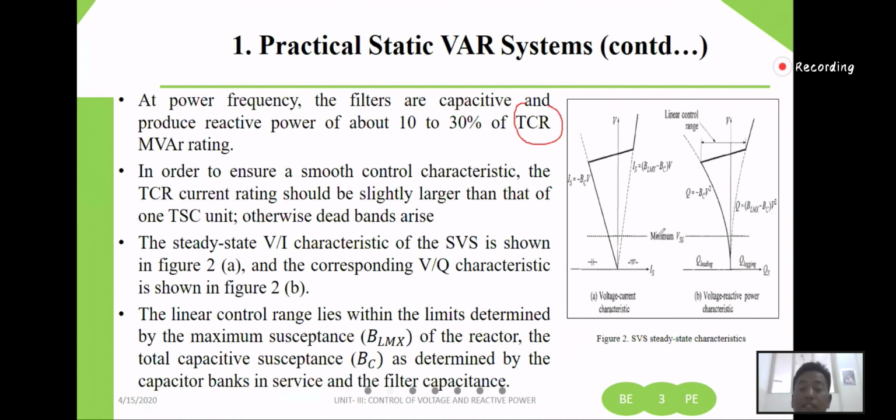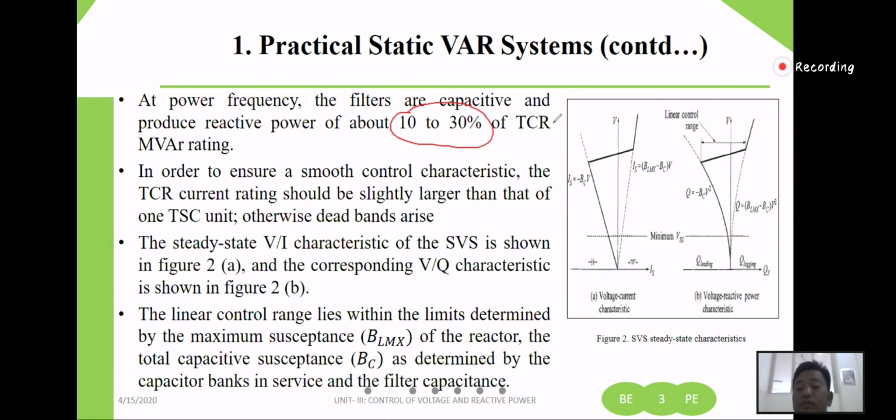Okay, but here there is one advantage. For this TCR, it says that filters are capacitive and produce reactive power. Because of employing the TCR, you have to have a filter, and a filter normally will have a capacitor. So when there is a capacitor as a filter, this capacitor will also produce reactive power. How much it will produce: it says 10 to 30% of the TCR MVAR rating.